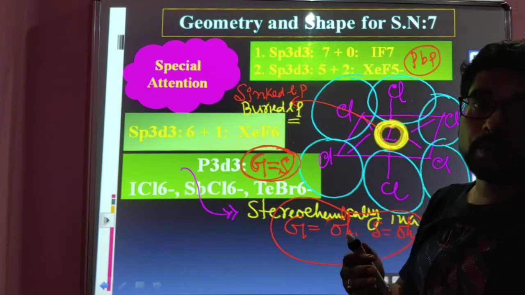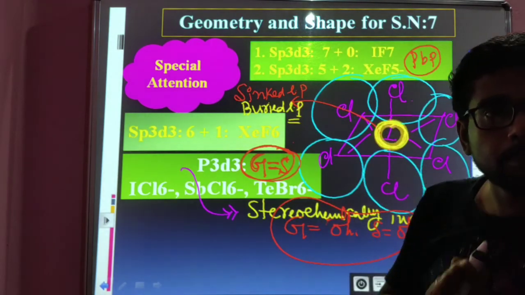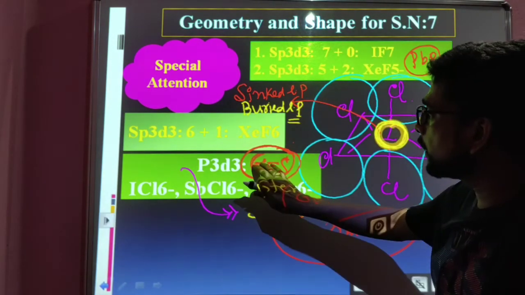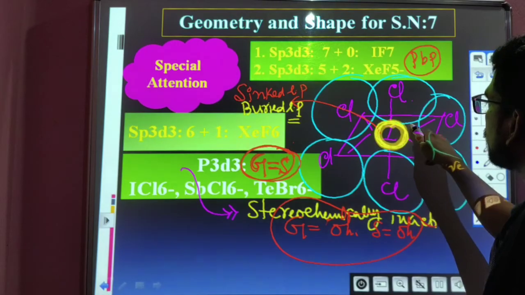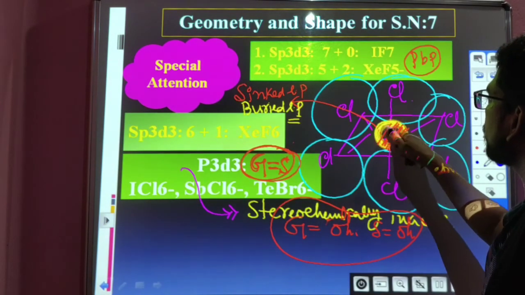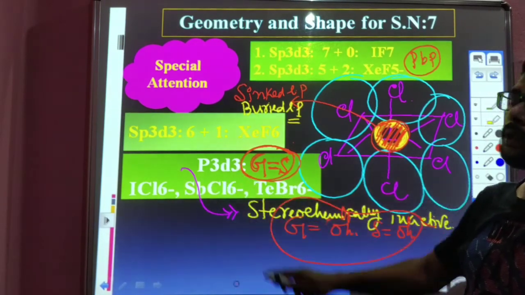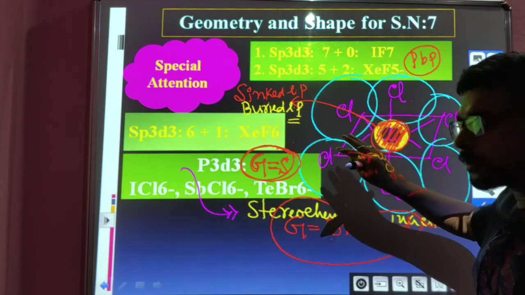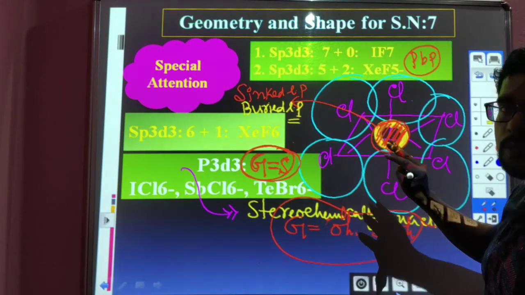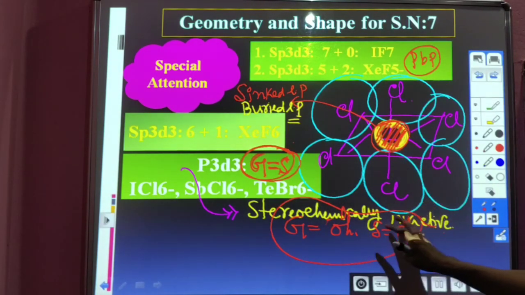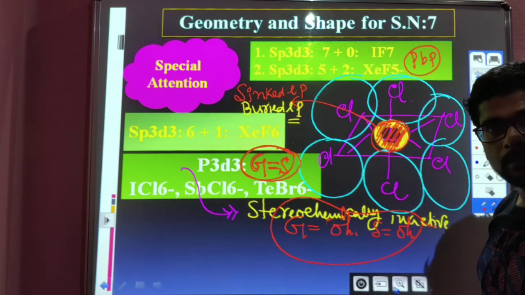And depending on the way you calculate the sigma bond pair and lone pair of electron, if you fall into that trap and don't study in detail, then you simply make a mistake here. Try to remember this is a sunk lone pair or buried lone pair. It does not take part in hybridization, and the hybridization will be sp3d3, meaning this lone pair does not affect the bond angle, meaning no distortion. So the geometry will be octahedral, and the shape will also be octahedral. Okay, thank you so much.